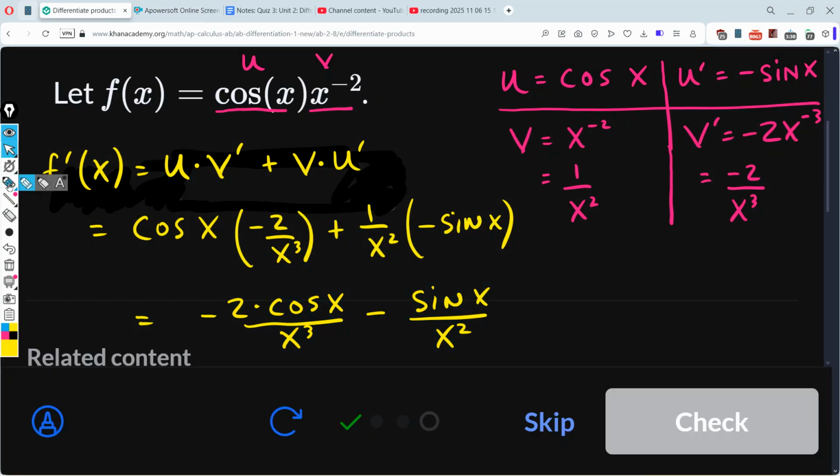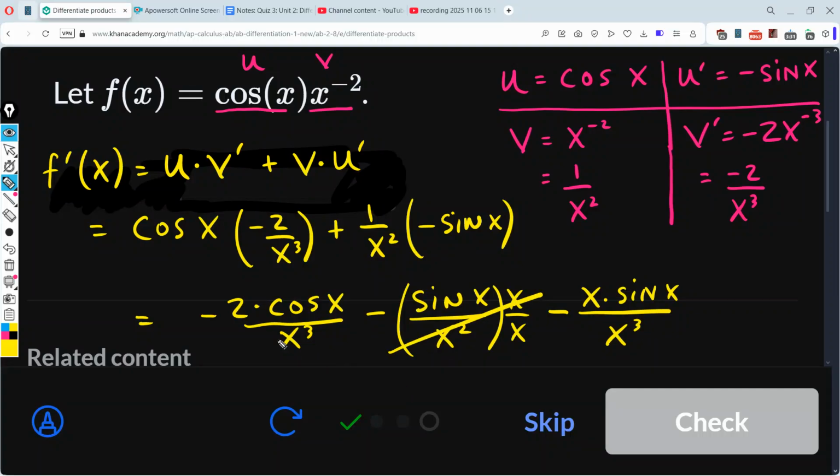So, like I said, you can enter this in the box. But if it's multiple choice, what they may have done, since this is x to the third and this is x squared, they might say, well, let's make a common denominator. And I'll take this one and multiply it by x over x. x over x is the same as times 1. And this would make this equal to negative x times sine of x, and in the denominator, x times x squared would be x to the third.